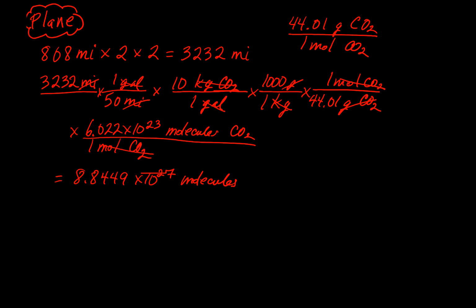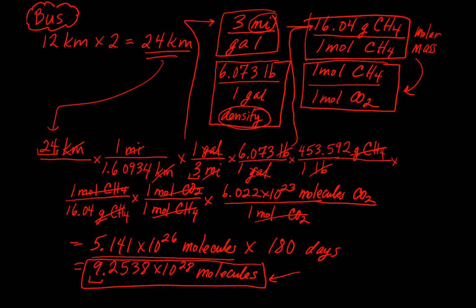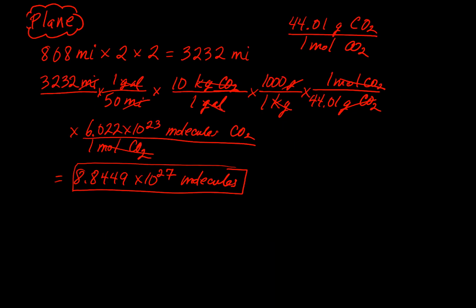So this is the final answer for student A for the plane. So the last thing you need to do now is add these two numbers together. If we go back and look at how many CO2 molecules are emitted when the student travels by bus, we're going to move this 9.2538 times 10 to the 28 molecules number over to this page, or this slide.